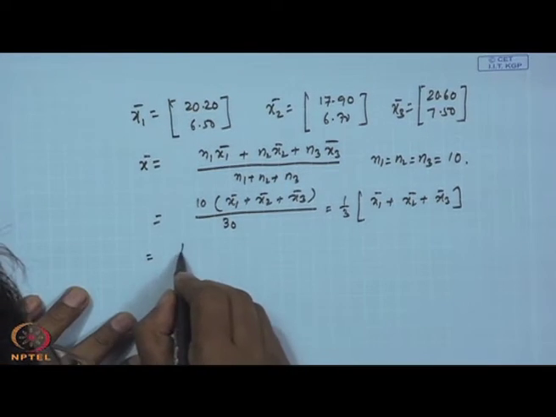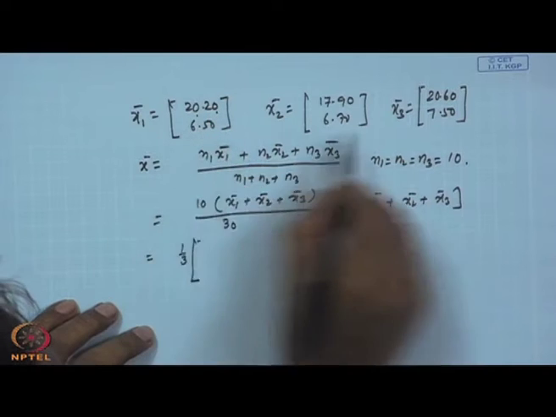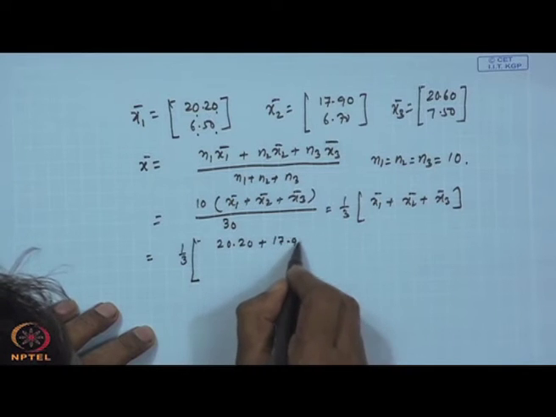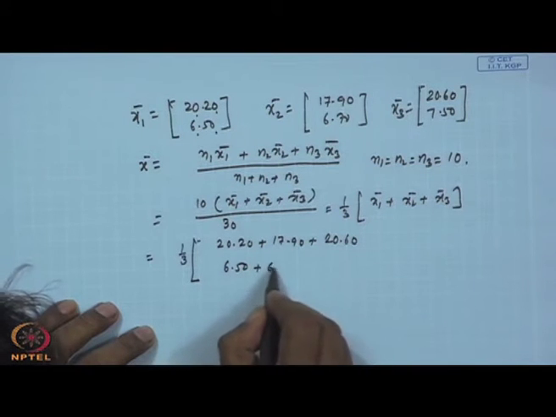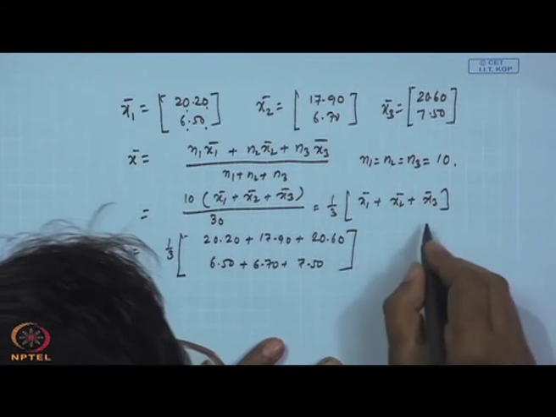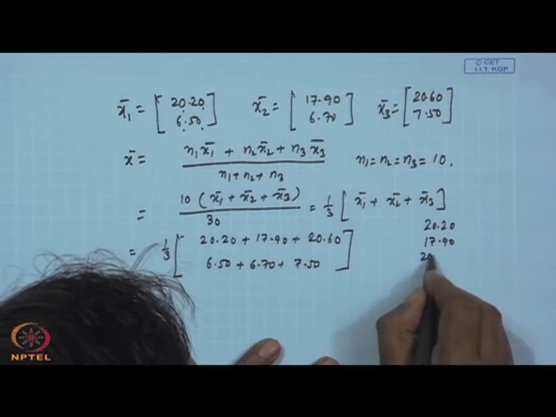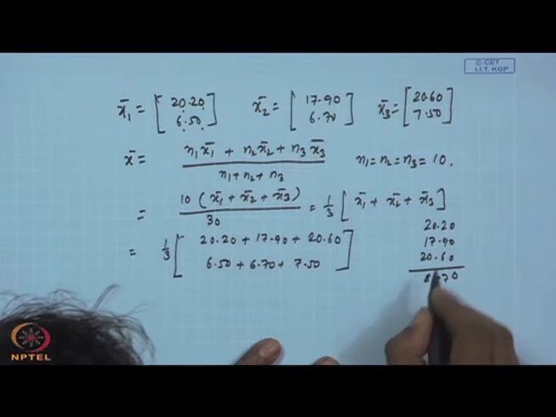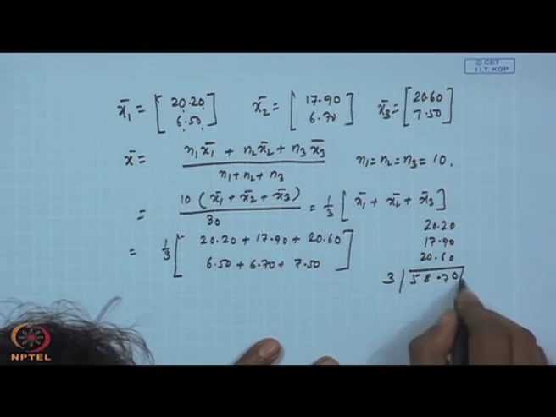So, for the first component, 20.20 plus 17.90 plus 20.60 is 58.70, and the second is 6.50 plus 6.70 plus 7.50.